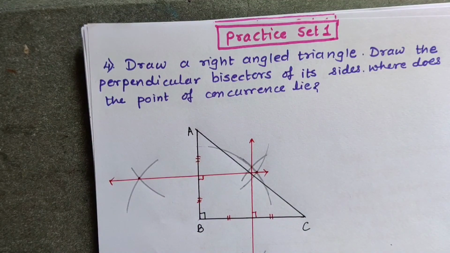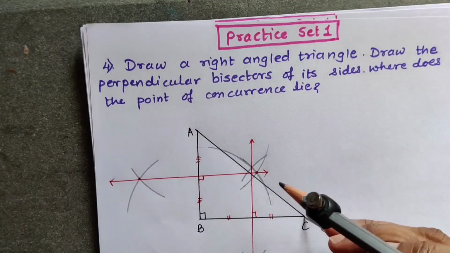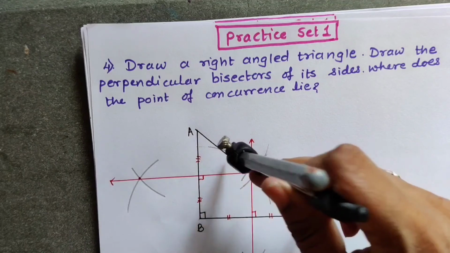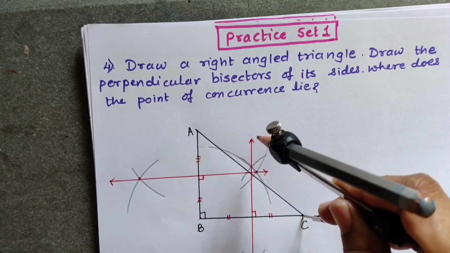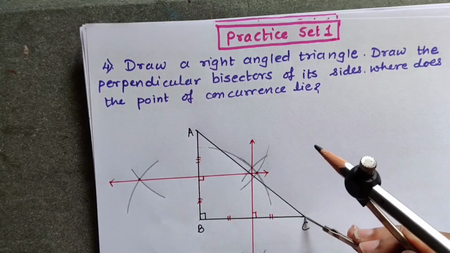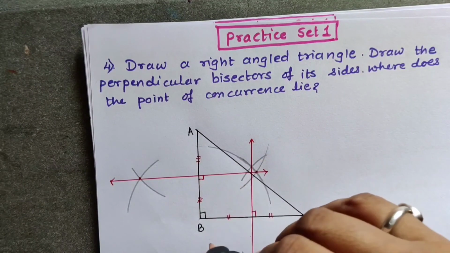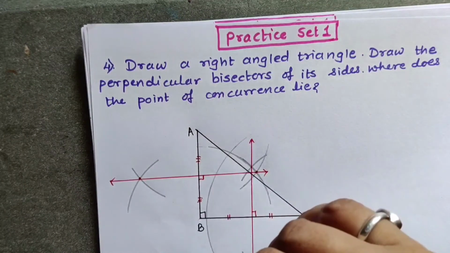Okay, now we are going to draw perpendicular bisector of side AC. For side AC, I will be taking more than half distance of side AC in my compass. You can see side AC, I have taken more than half distance. Now I will place my pointer properly on point C and I am going to draw one arc.